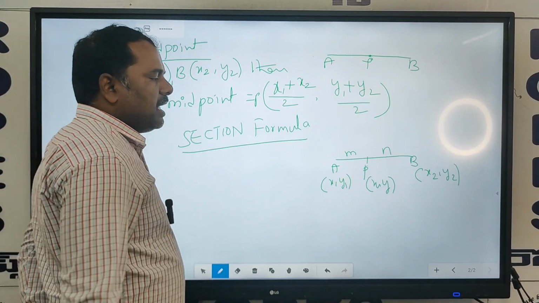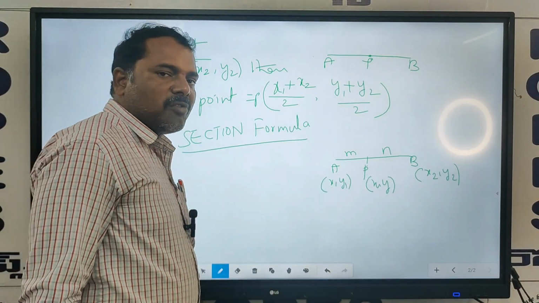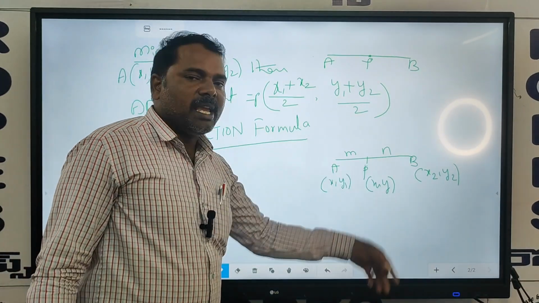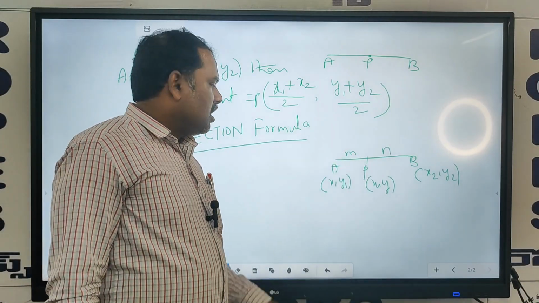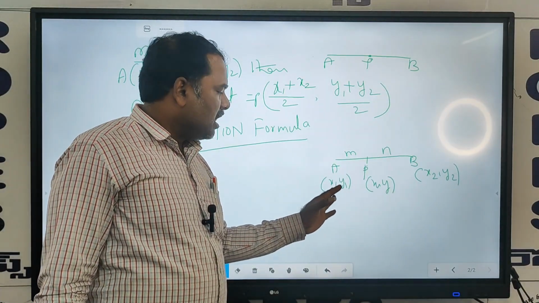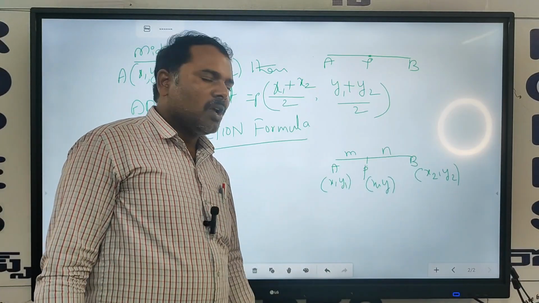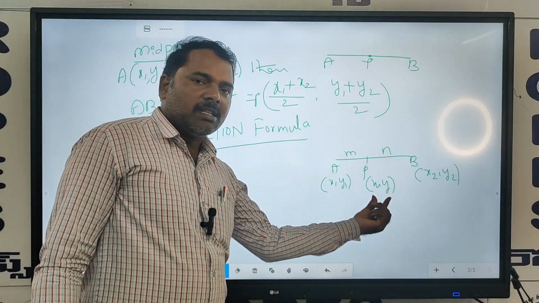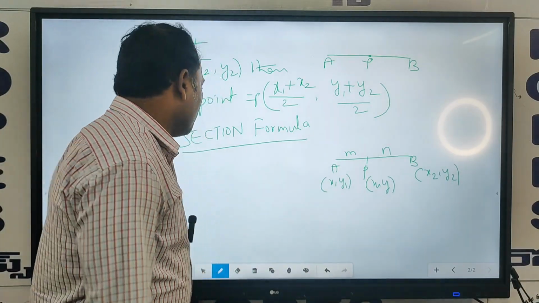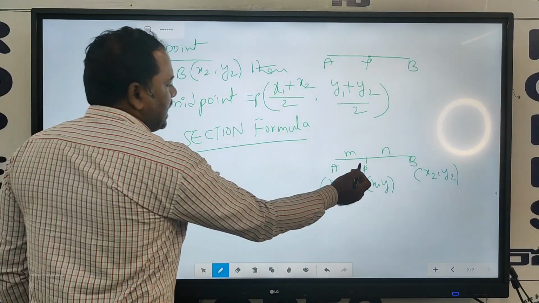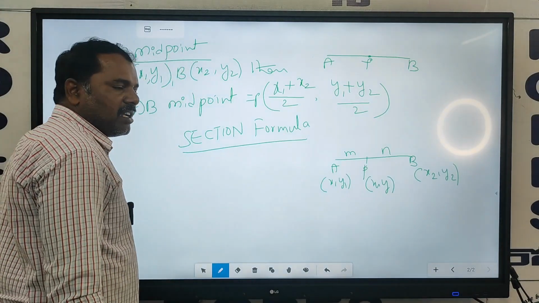How to find the point P(x, y)? Here P is dividing AB in the ratio m and n, and the points A and B are (x1, y1) and (x2, y2). Then what are the coordinates of P? That we have to find. Here P is internally dividing.